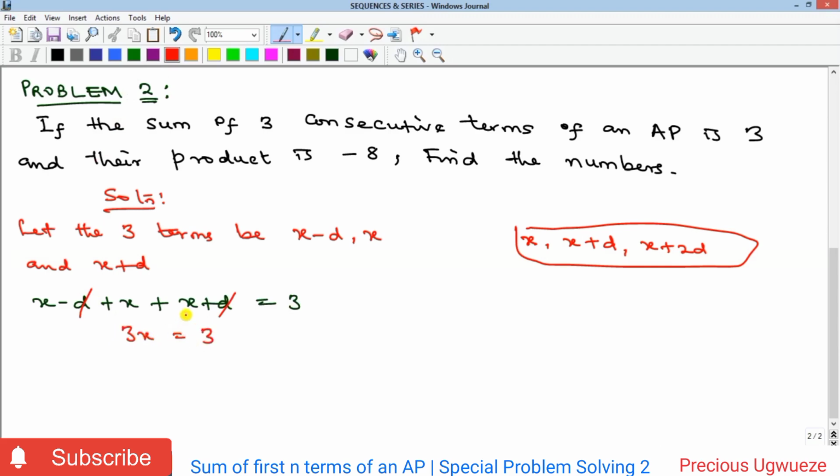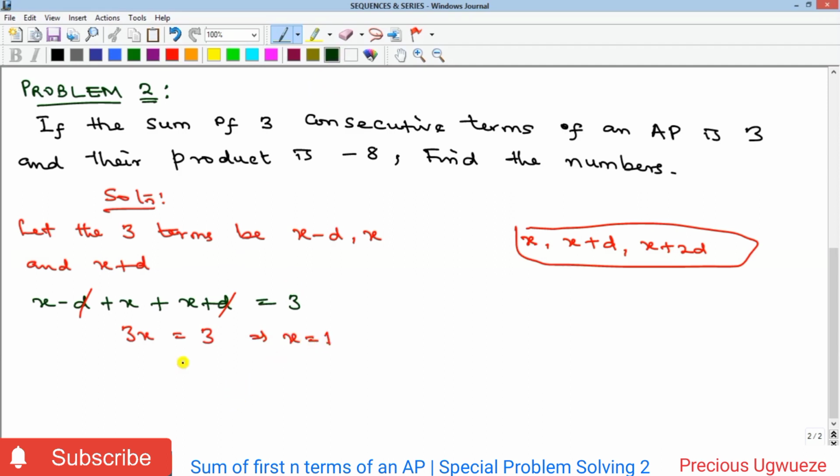So you see why I needed to do that, so that the d will cancel out. Assuming I used it in the other form, I would still retain all the d's even after adding, and it would make my solution a little bit cumbersome. But using this trick, it helps me reduce the stress of solving this problem. All right. And so from here, I will now get that x alone is 1.